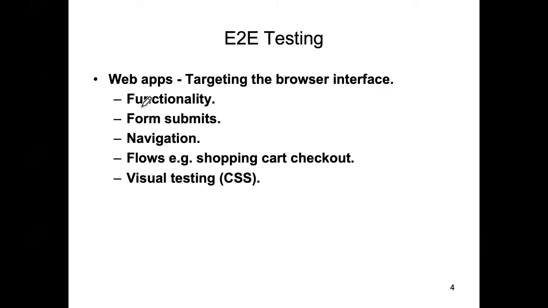Other issues: submitting forms, that's clearly a characteristic of web applications. Navigation is a characteristic of web applications. These are all things that we need to test to make sure that they're working, as well as the core functionality. By flows, I mean, if you think of your standard shopping cart type web application, where you're going through the checkout procedure, you go from one screen to the next screen to the next screen.